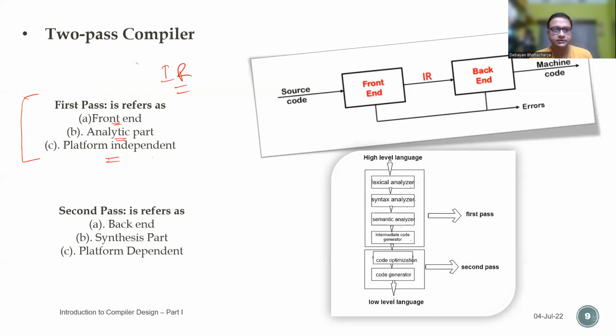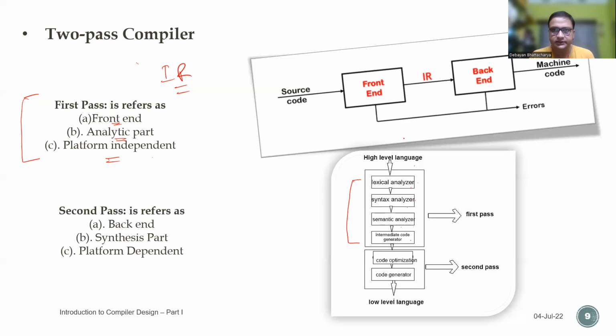This phase is called the analysis phase, and it contains a set of tools: the lexical analyzer, syntax analyzer, semantic analyzer, and intermediate code generator.